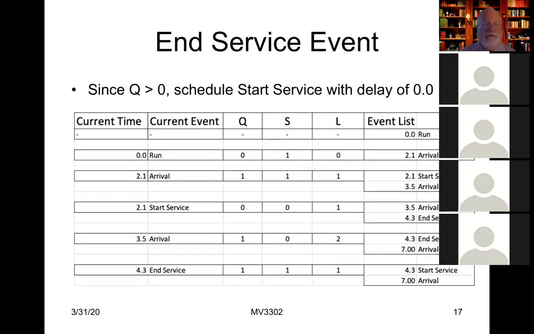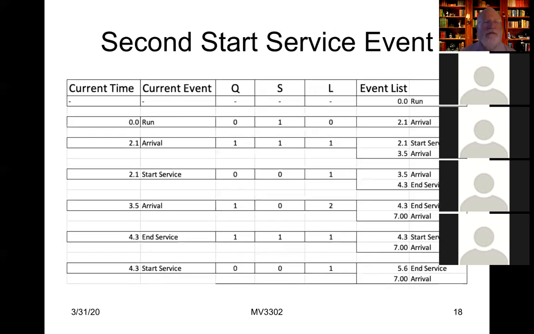Where are we here? Okay, so our second start service event. I hope you're getting the idea that we're simply blindly executing an algorithm, which is to advance time to the next event, which in this case is 4.3. The advance is 0, but who cares? As long as the advance is not negative, we can't go back in time. The start service event decrements Q, so Q goes from 1 to 0.